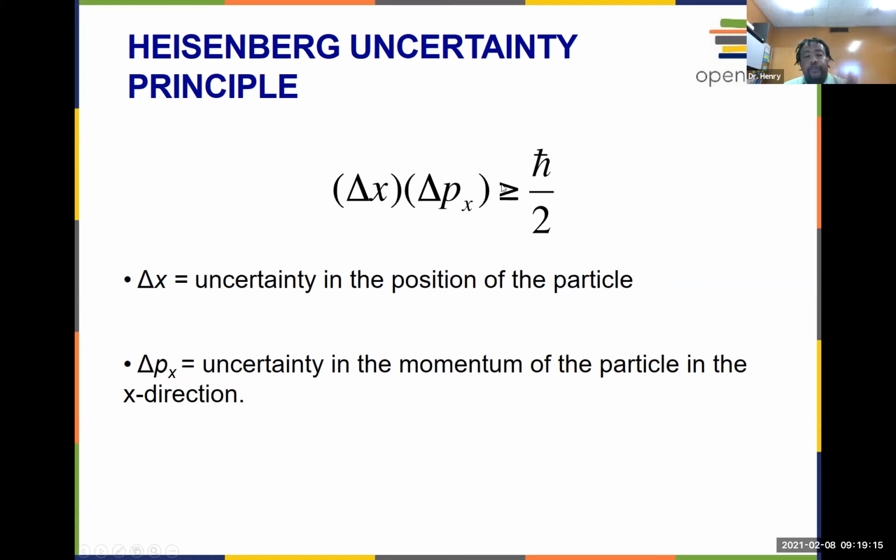And the product of the uncertainties is always going to be greater than h bar over 2. That was basically his contribution, right? So there's uncertainty associated. Now, this is going to be more important later on when we start talking about electron location, okay?